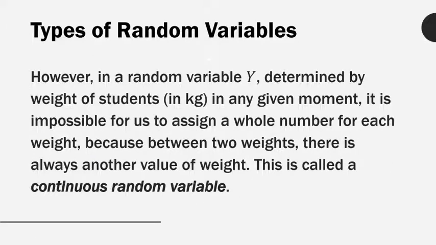For the second type of random variable, it is what we call the continuous random variable. These random variables cannot be represented by whole numbers. Usually, it is infinite.